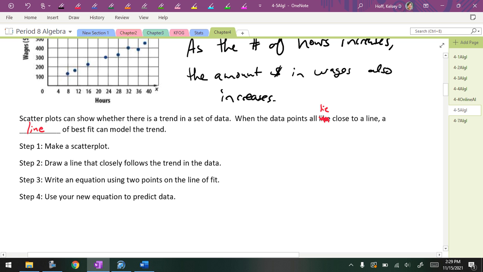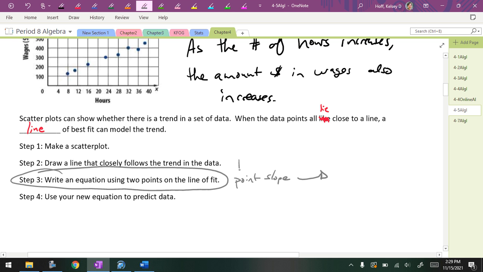Okay? Now, you guys have been writing equations using 2 points. You're going to plug this into point slope, but your final answer is in slope intercept. And we've talked about how you can manipulate to get y by itself. Now, because this is a line of best fit, it's not perfect.